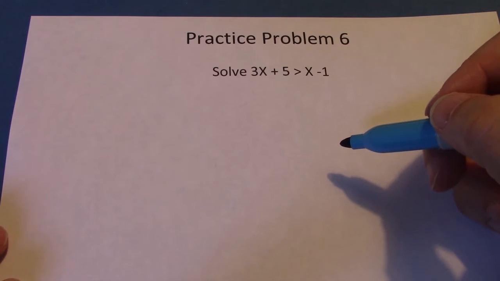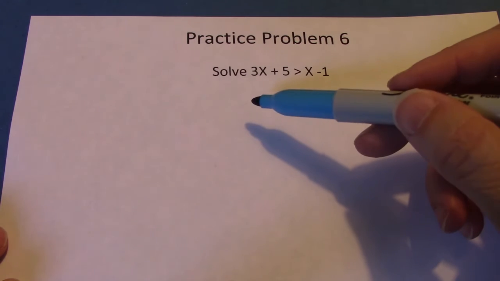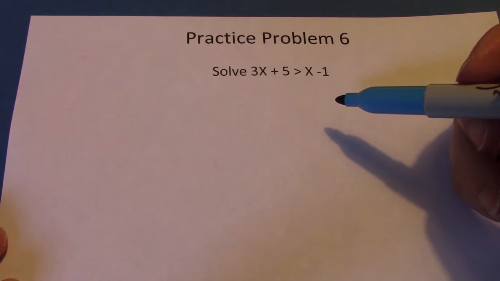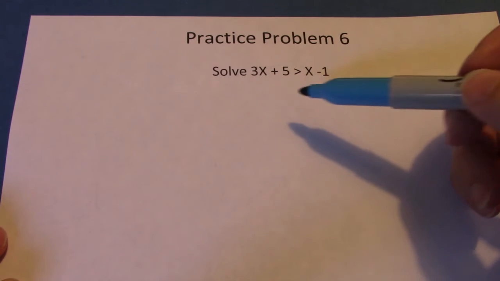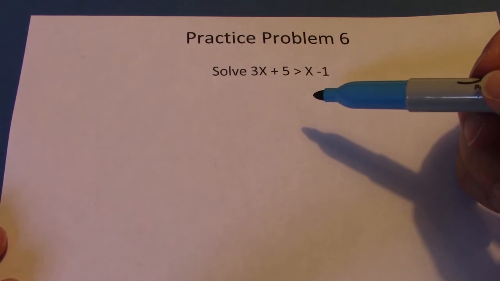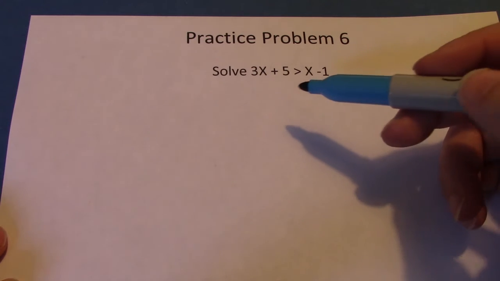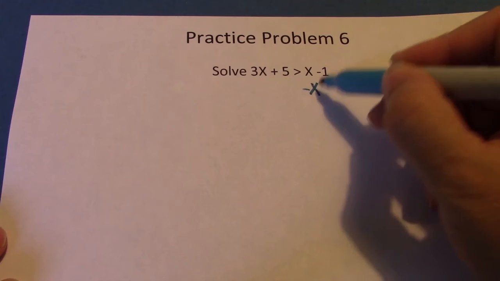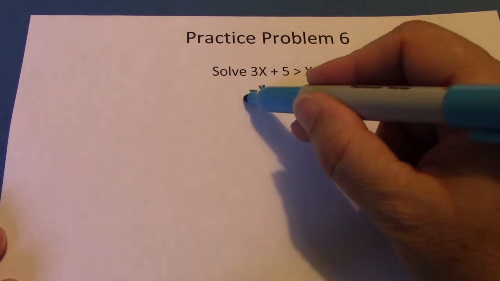Problem 6 is going to solve 3x plus 5 is greater than x minus 1. Right, we've got x's on both sides of the inequality, so I'm going to start by combining the like terms, and I'm going to subtract x from each side.